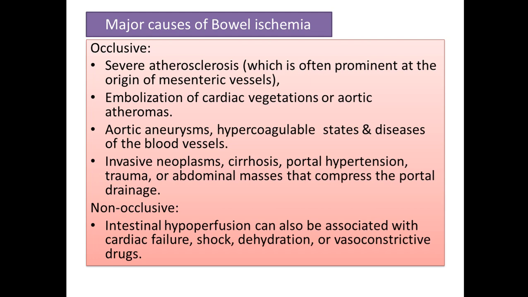The same type of non-occlusive ischemia and infarction in the intestine may be associated with shock and dehydration or hypovolemia, in which the overall circulation to the body is affected. And sometimes certain drugs that have vasoconstrictive effects and cause vasoconstriction of the blood vessels may also participate in intestinal ischemia and infarction.